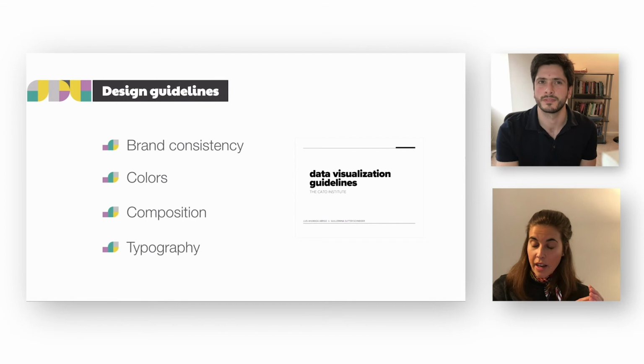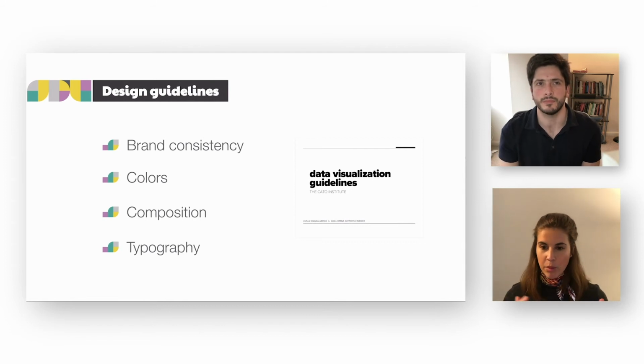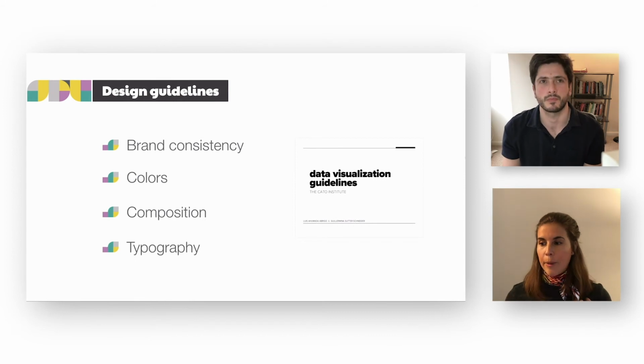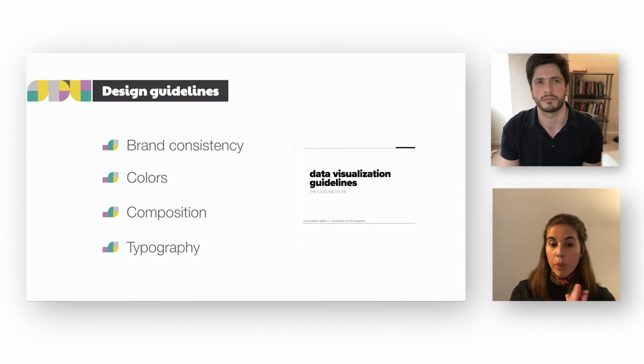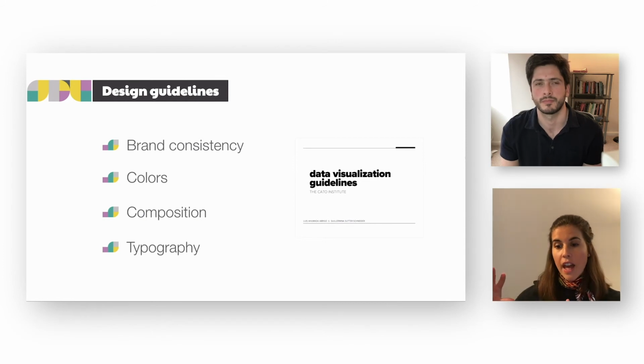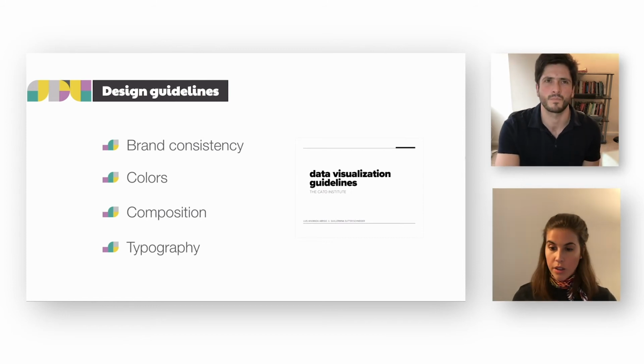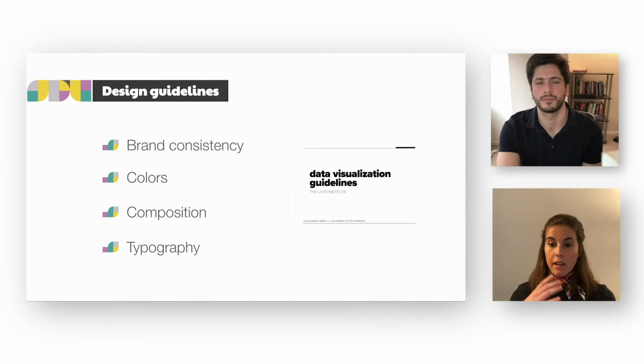If you do not have an established brand or a look, then I would say put the data visualization guidelines off, and then work on the brand consistency first. Try to find a typography that you can use across your publications, or try to find a different type of layout for your reports.